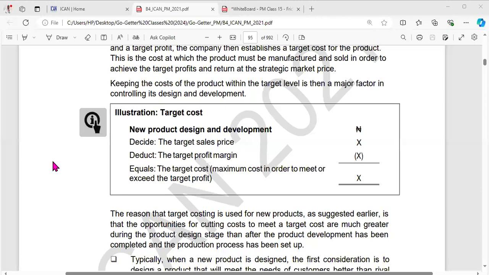Now, once you determine your selling price, you need to determine your profit margin. You want to make a 20% or 30% profit margin. Now, there is a difference here between profit margin and markup.